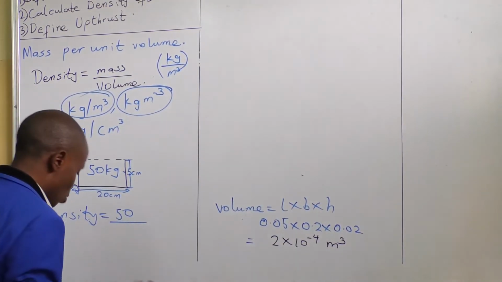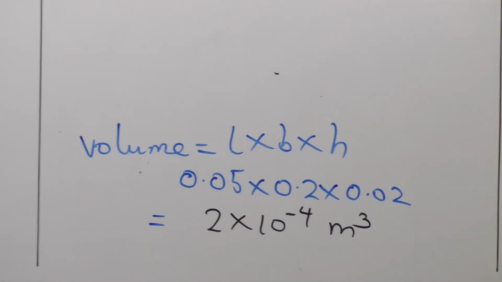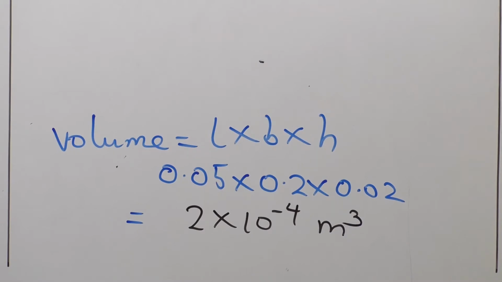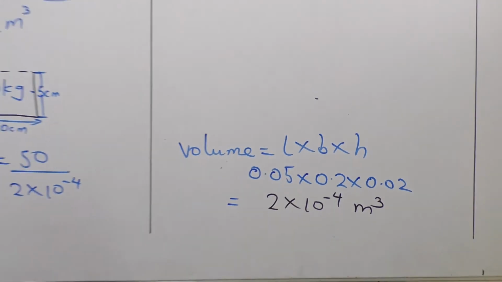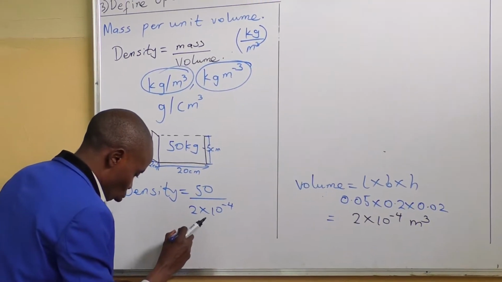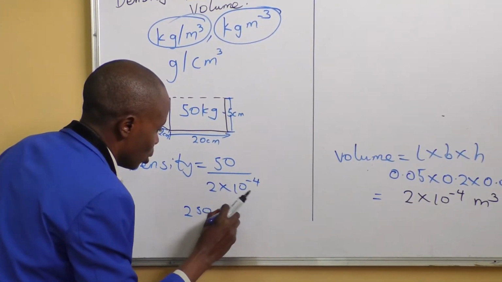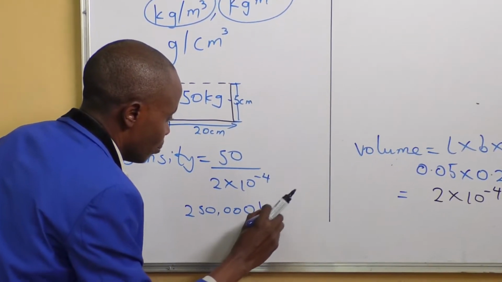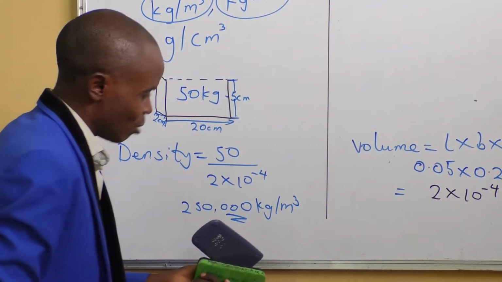So you just put that volume here. Now that we know the volume is 2 times 10 to the power minus 4 meter cube, 50 divided by that will give us the density of the sand. That is 250,000 kilogram per meter cube. So that is a simple way to calculate density.